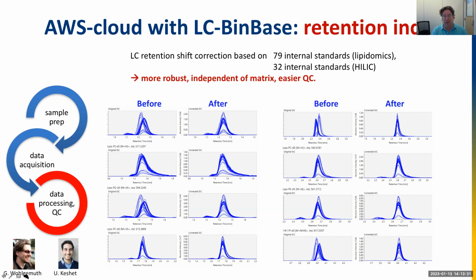It's much more robust. That means it's also independent of the matrix. It's much easier to quality control the alignments. And of course, now you can do studies where you can compare, for example, urine, stool, and plasma, which is very hard to do if you don't do it with internal standards alignments.